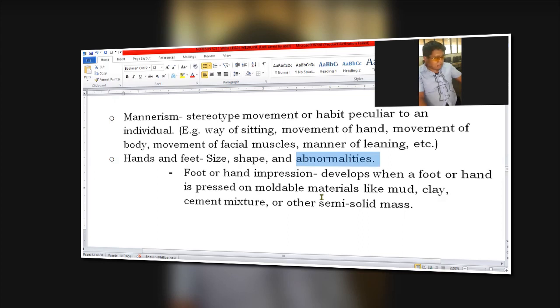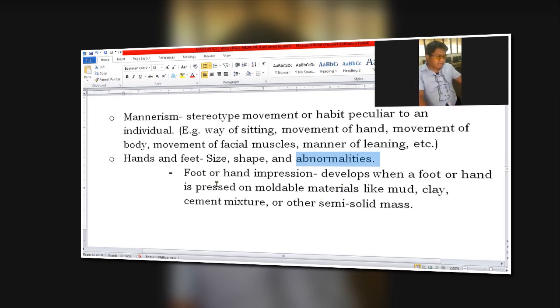Paano kung natagpuan lang is paa? No? Meron kang hinahanap na missing person. Ang natagpuan lang is hands or feet. Then, base doon sa size, shape, then you can say that, this is the foot of Pedro, this is the foot of Juan based on its size, shape, and abnormalities.